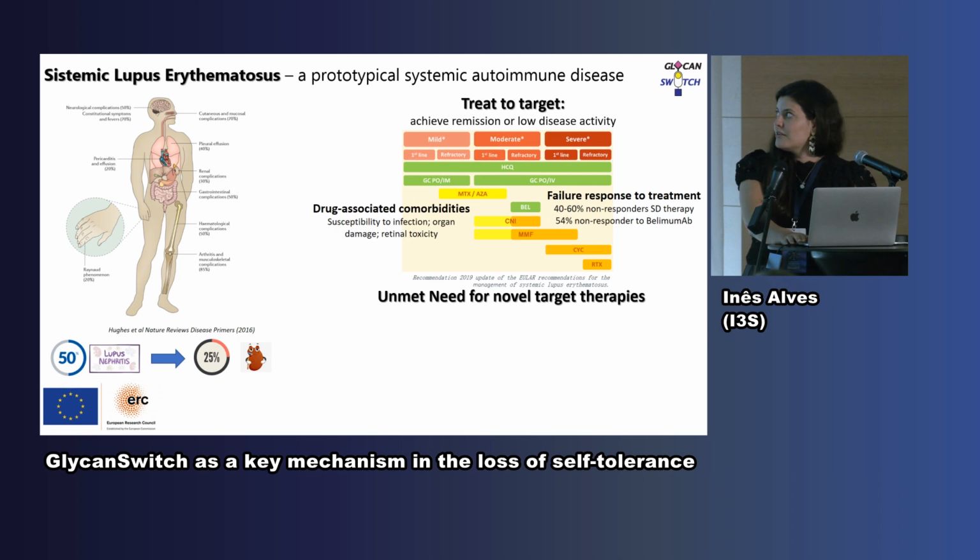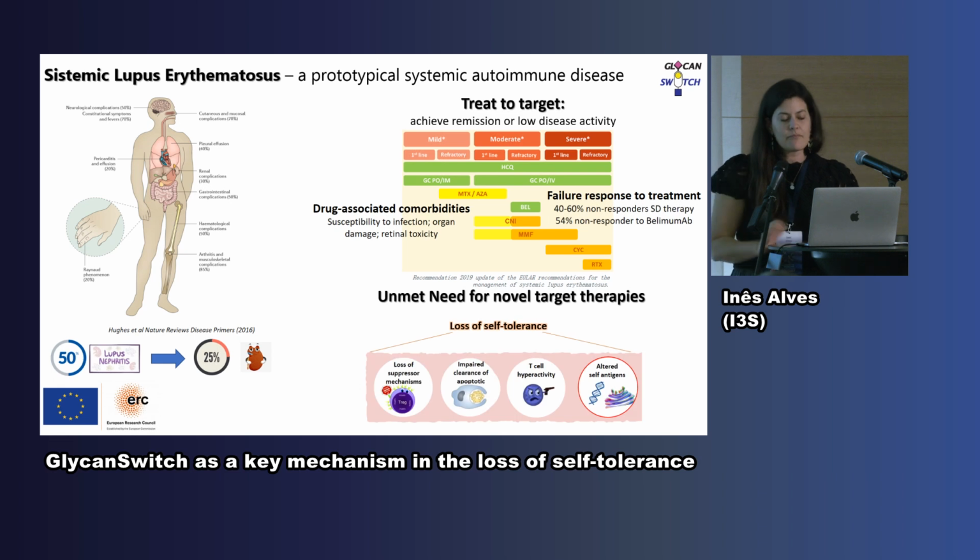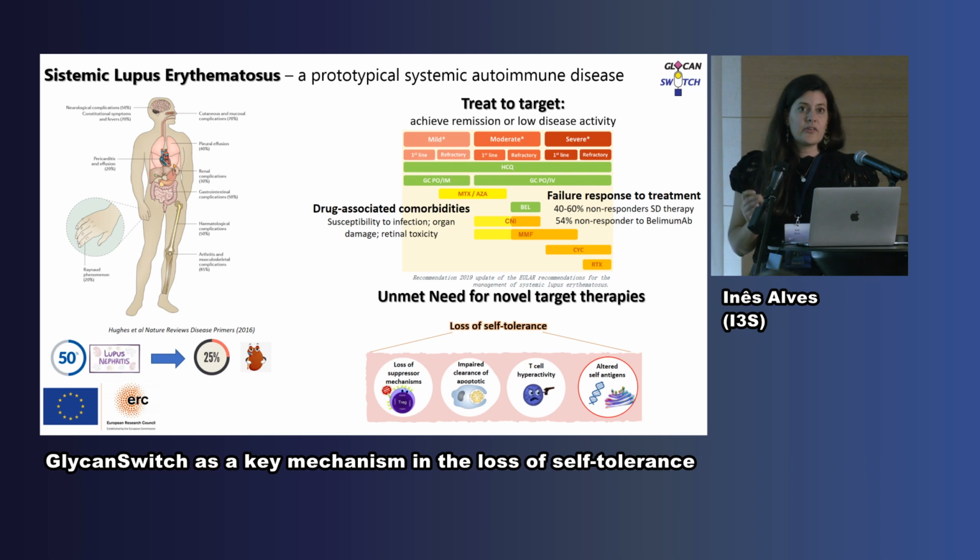So we need novel targeted therapies, but we need even more to understand why this loss of tolerance occurs. There is a lot of evidence already on the mechanism behind the loss of self-tolerance in autoimmune patients, and we are very interested in studying how altered self-antigens can actually occur at the post-translational level.